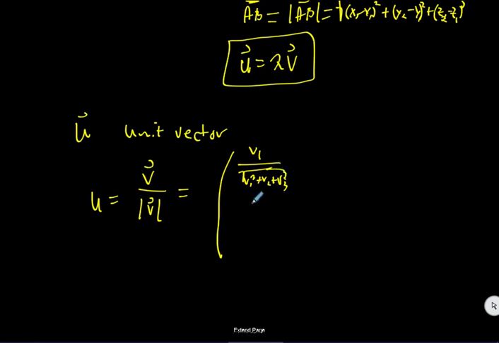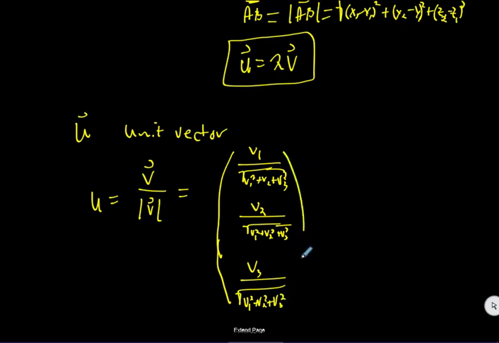The y component is v2 over the square root of v1 squared plus v2 squared plus v3 squared, and finally the last component, v3, over the square root of v1 squared plus v2 squared plus v3 squared. So these are all the same. We have our parallel vectors up here for collinear, and our unit vectors are all pretty much the same.